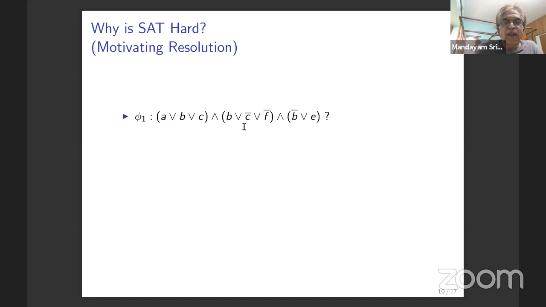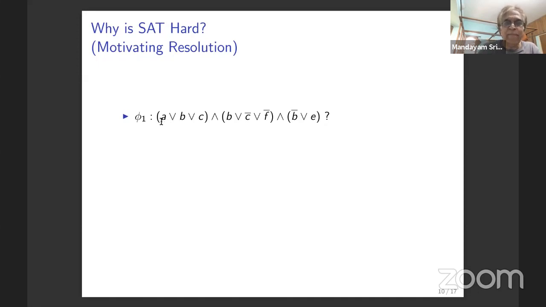This is satisfiable, and you can infer this very easily because every clause here has a literal that appears with a unique polarity in the entire formula.